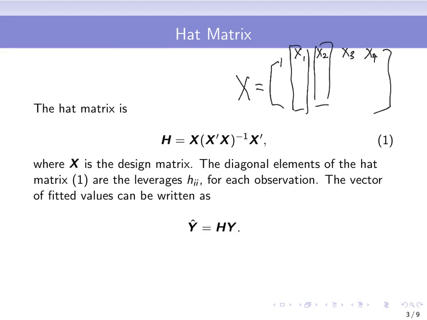The other thing with the design matrix is that the first column is all ones because of the intercept term. So that's the design matrix. And if you perform this operation, you get the hat matrix. The diagonal elements of the hat matrix are the leverages for each observation. So that's how we find the leverages.